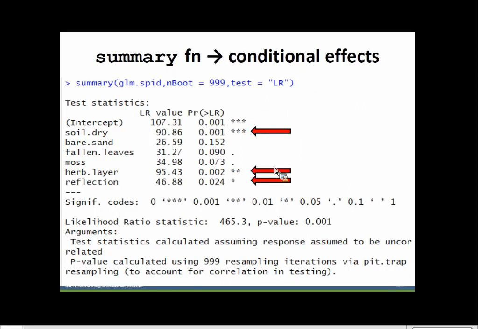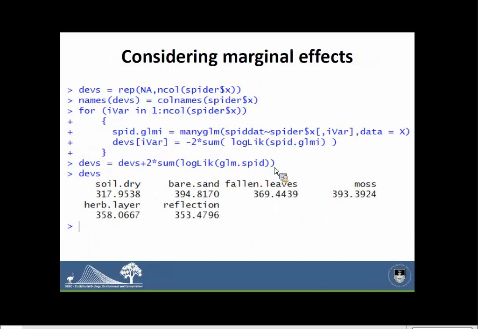But now the other option is to look at marginal effects, and there isn't a very easy, elegant way to do that in mvabund yet. So when you consider the marginal effects, you have to calculate it for each of your environmental variables separately. But essentially what you come up with is that bare sand now is very important and moss is very important.